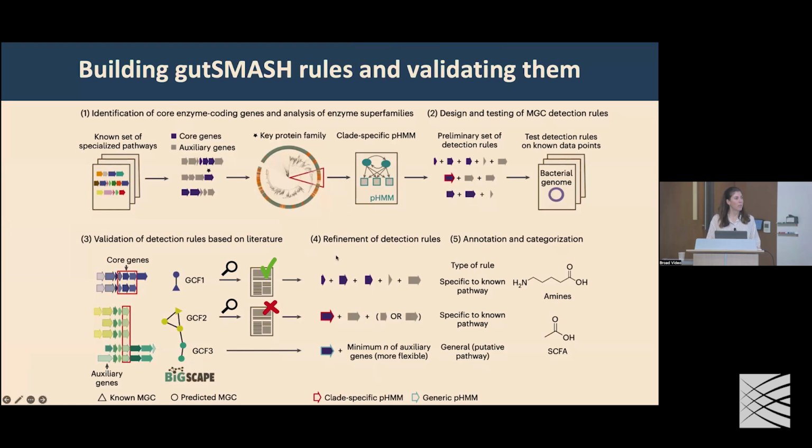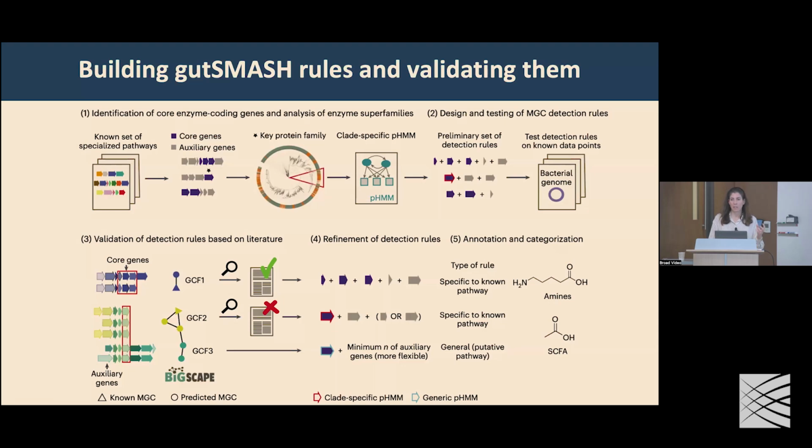And then, as Marnix was mentioning before, we have this tool in the group called BiG-SCAPE that allows us to group the predicted gene clusters that were predicted by the same rule. We classified them, and then we ran BiG-SCAPE on each of these subgroups. And this helped us to group together the gene clusters into gene cluster families.